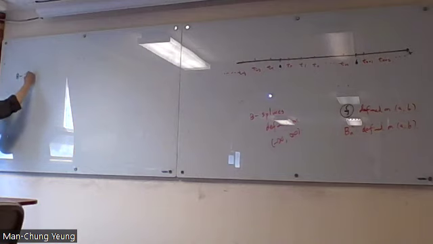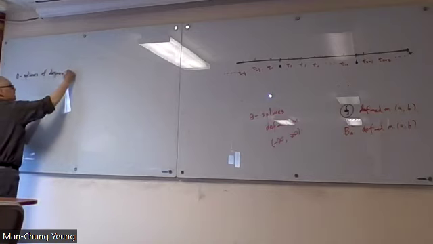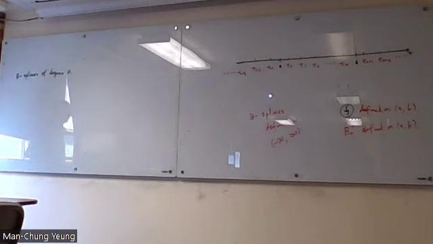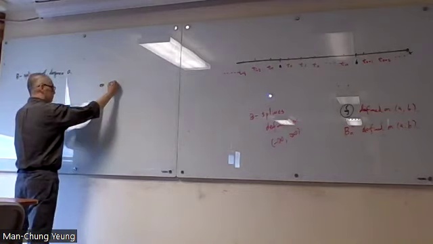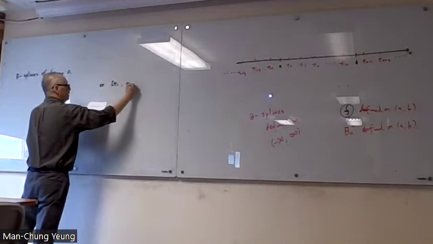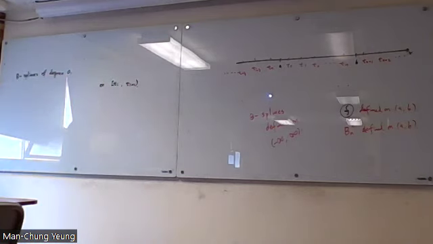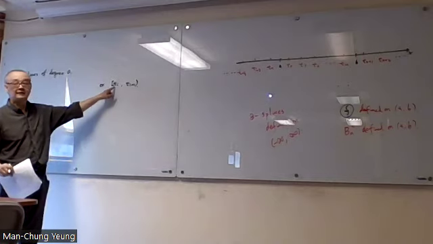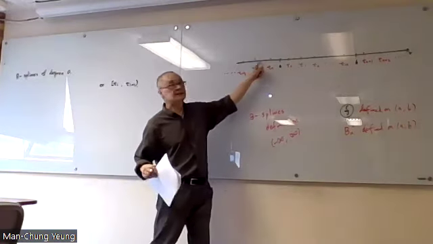B-splines of degree 0. On this subinterval, what is i? Say i is negative 2. If i is negative 2, then t negative 2, t negative 1, that means that is a subinterval.